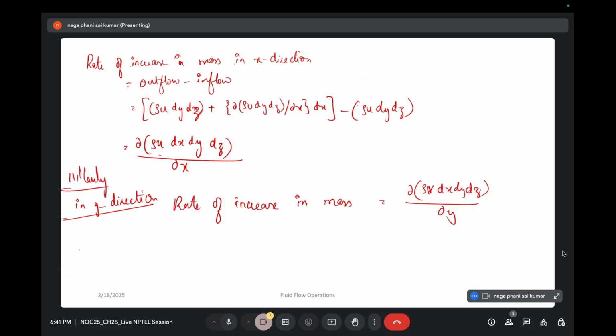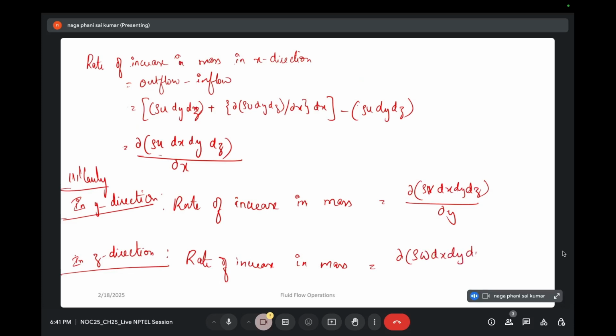Okay, and in z direction, mass will be ∂(rho w)/∂z dx dy dz. Okay.